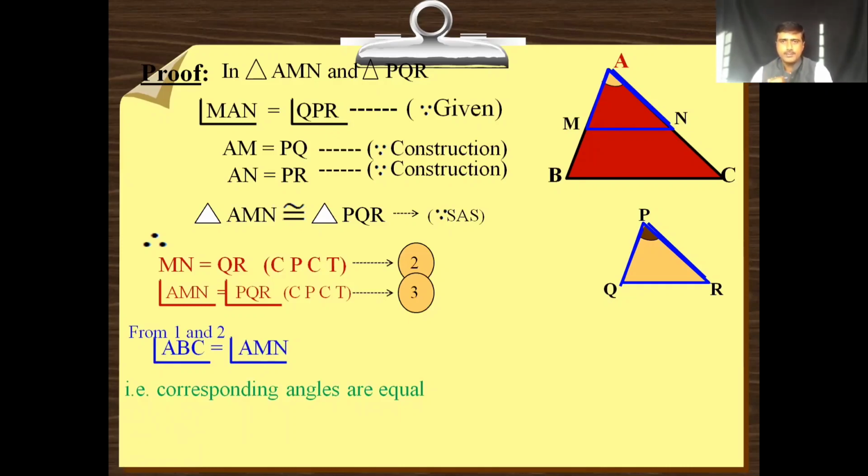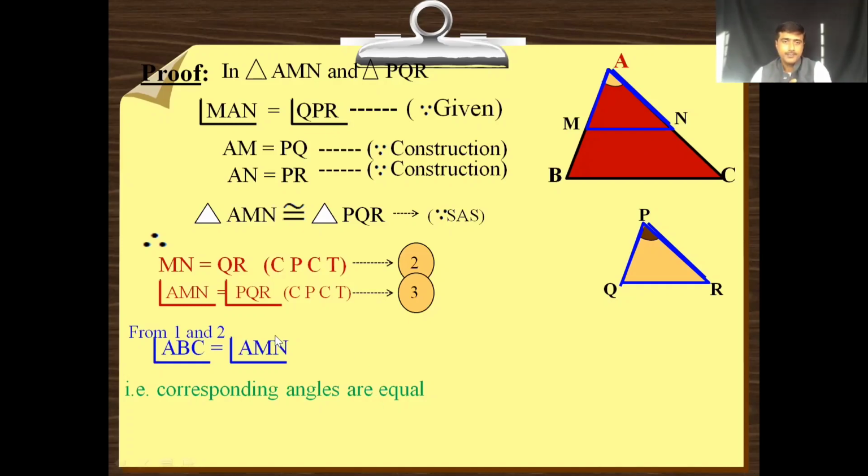So use that. These corresponding angles are equal only when these two lines are parallel. In construction, we have not mentioned that MN is parallel to BC. We have just marked M and N on AB and AC such that AM is equal to AN. We have not mentioned that MN is parallel to BC.